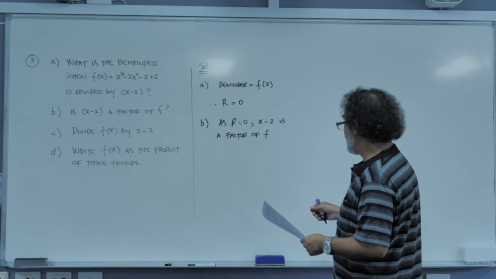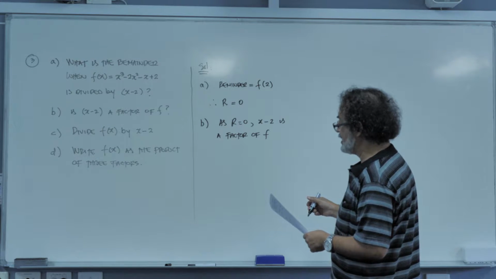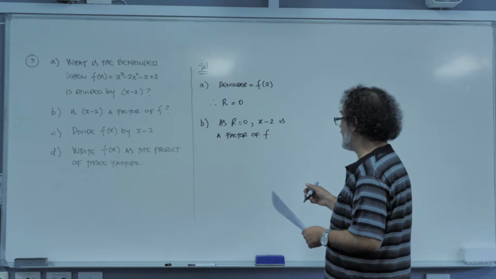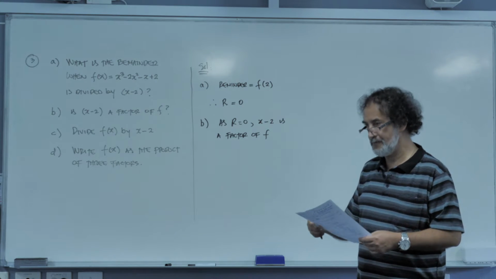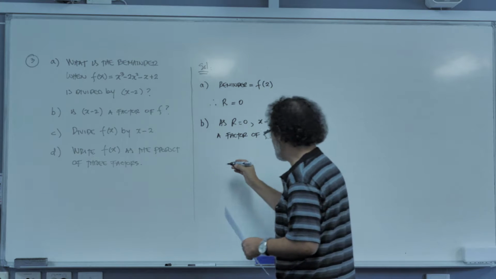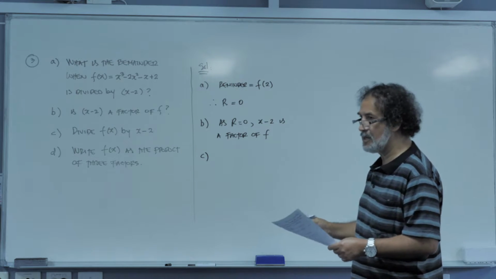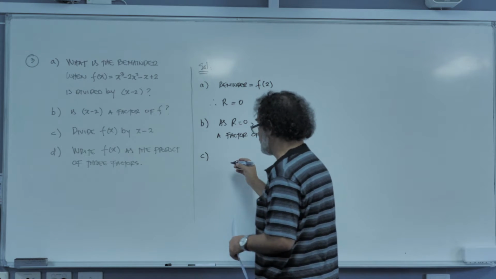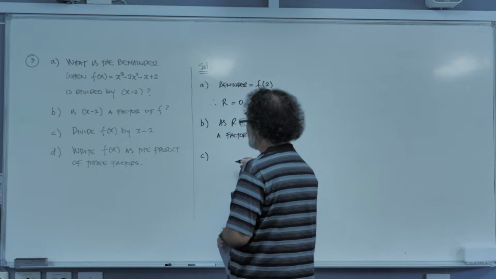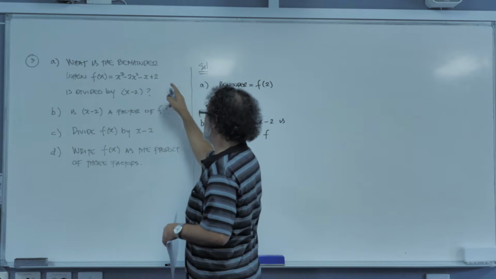All right, so we had that in here, and then they say divide the polynomial by x minus 2. Okay, so we're going to do the synthetic division, because it doesn't say how. So for the synthetic division, we need to write down the coefficients.